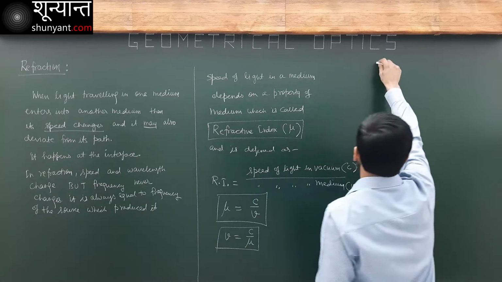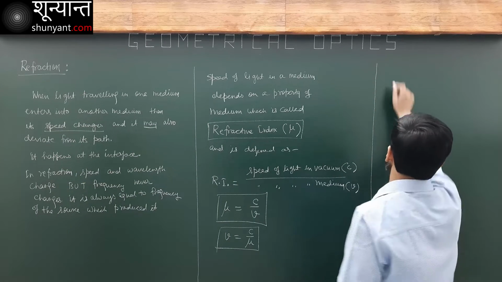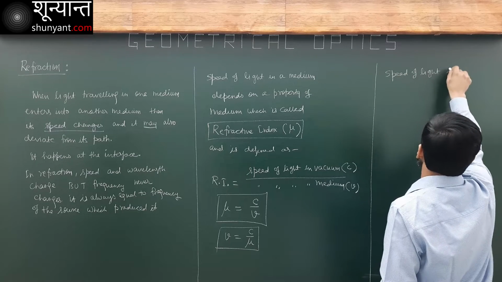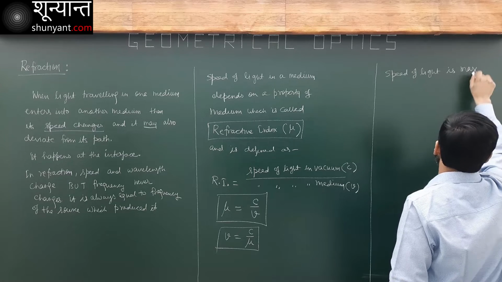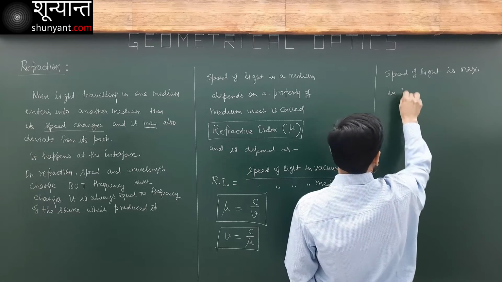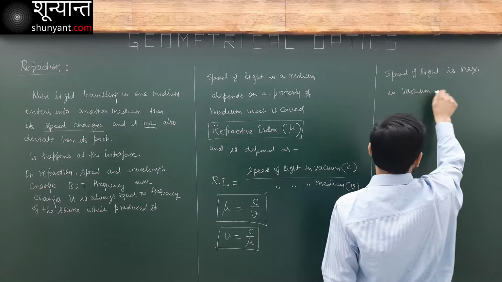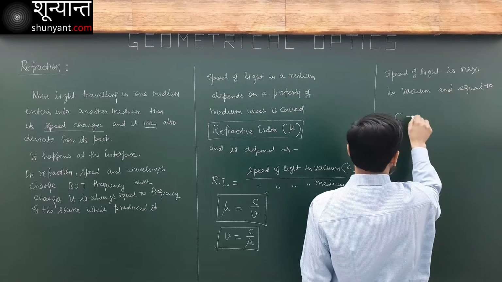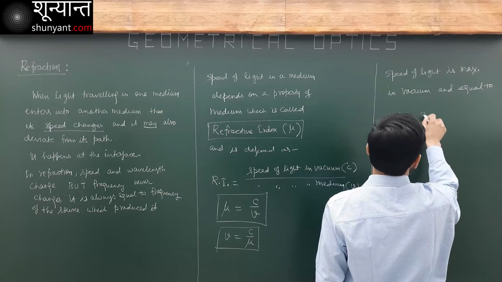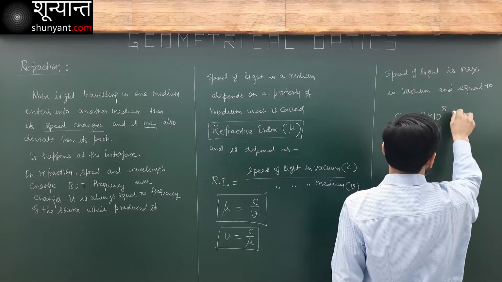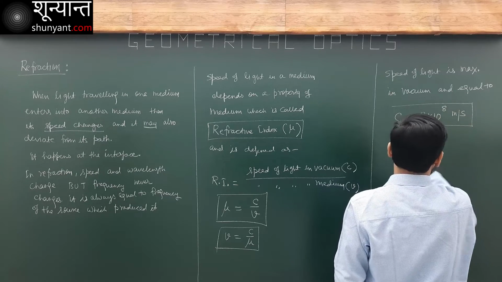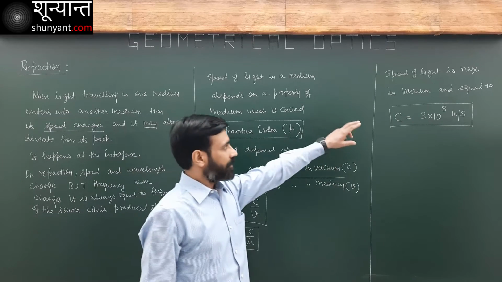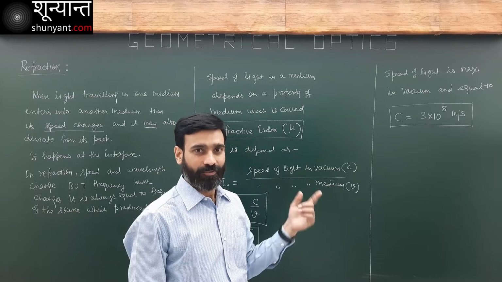Now, certain other important things. The speed of light is maximum in vacuum and equal to C is equal to 3 into 10 power 8 meter per second. It's a constant. This is the speed of light in vacuum.